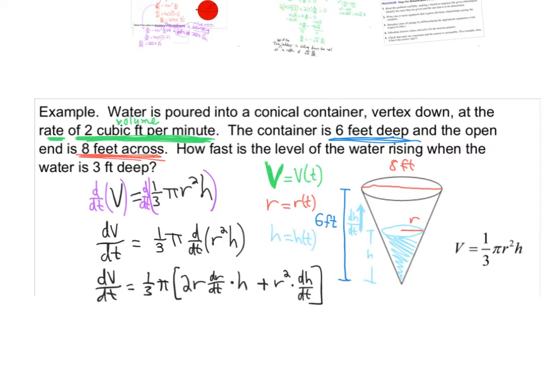So I did the version of the product rule where you do derivative of the first times the second plus derivative of the second times the first. I hope that wasn't confusing.